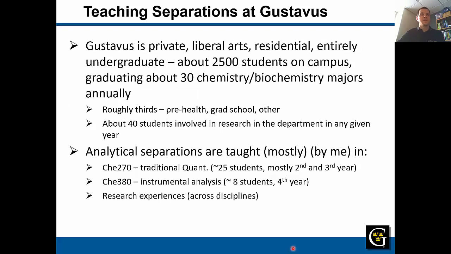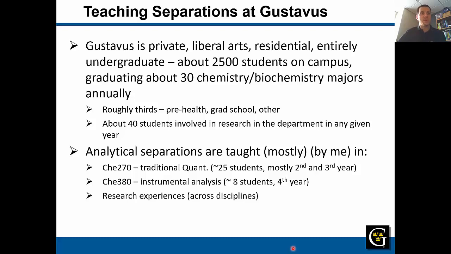So I'm at Gustavus Adolphus College, which is a private liberal arts residential institution. We have about 2,500 or so students here, and we graduate about 30 chemistry and biochemistry majors annually. Roughly thirds of the majors we see go on to some sort of health profession or to graduate school or other things. And we have quite a large number of students involved in research in the department in any given year.